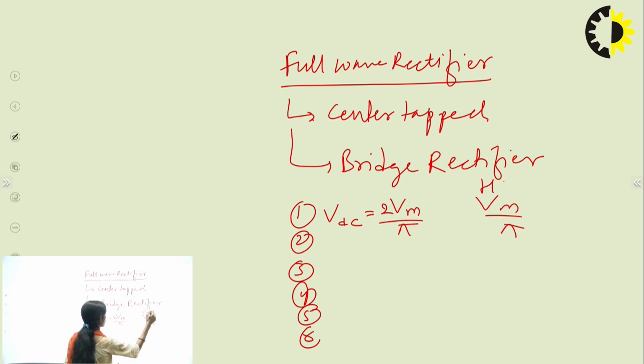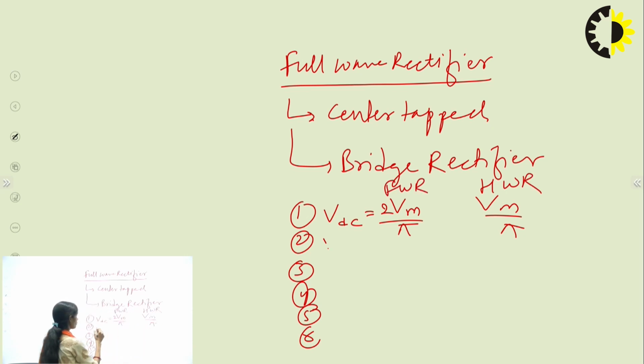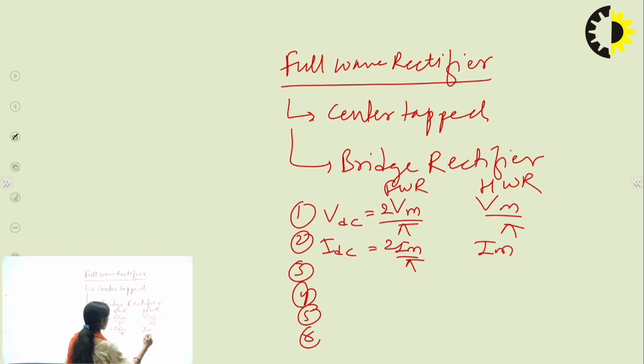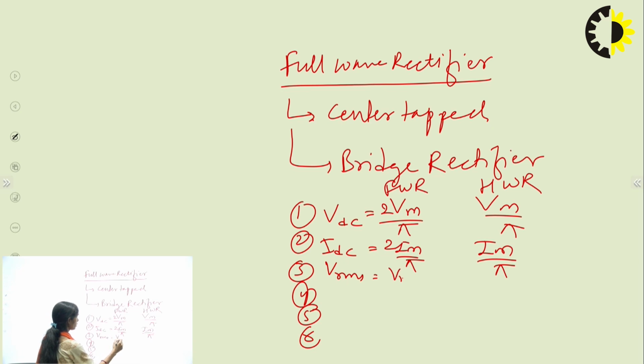Similarly, the IDC is 2Im by pi for full wave, and Im by pi for half wave. Third, VRMS is Vm by root 2 in case of full wave and Vm by 2 in case of half wave.